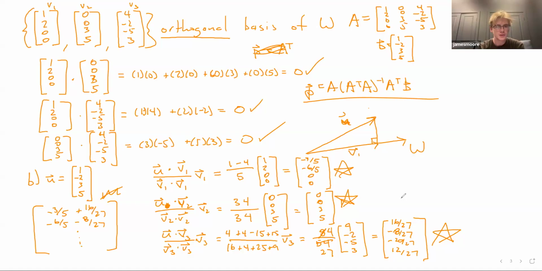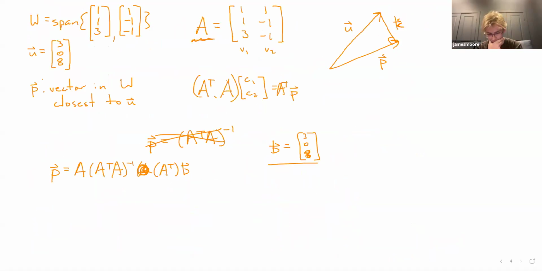So in these questions, what kind of vocabulary are we looking for to know which one is which? They're both asking for the same thing. Let me read the questions, 3B and 4. 3B says: find the orthogonal projection of U onto W. So basically, find the orthogonal projection of some vector onto some subspace.